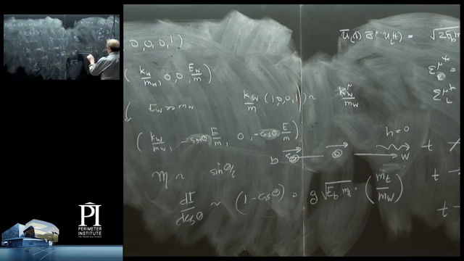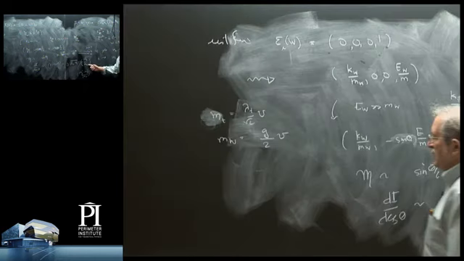Now, E is of order the top quark mass. Let me just write m_t over m_W. And so there's another factor of m_t over m_W. Actually, what we get is (m_t squared minus m_W squared) over 2m_t. But basically, this amplitude is enhanced by a factor of m_t over m_W.